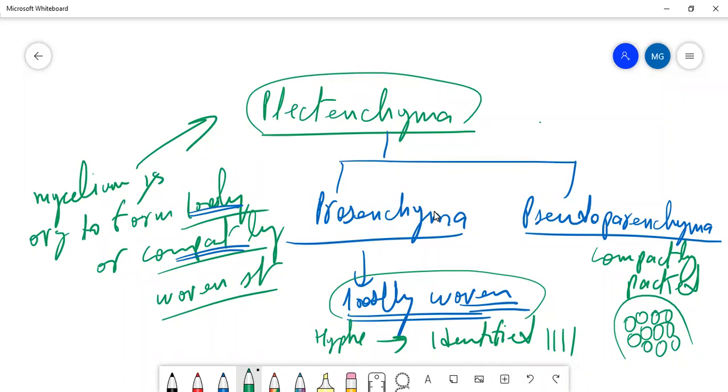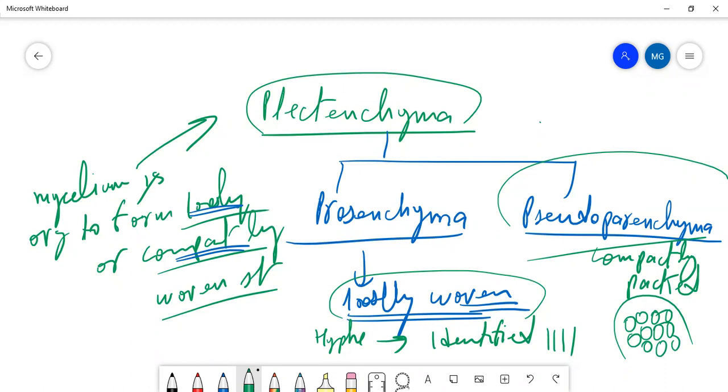And these isodiametric cells resemble parenchyma cells. They start resembling parenchyma cells, and that is why it is called pseudoparenchyma. Is this very clear? So we have plectenchyma, prosenchyma, and pseudoparenchyma. And we know it is nothing else. It is a loosely or compactly woven structure.